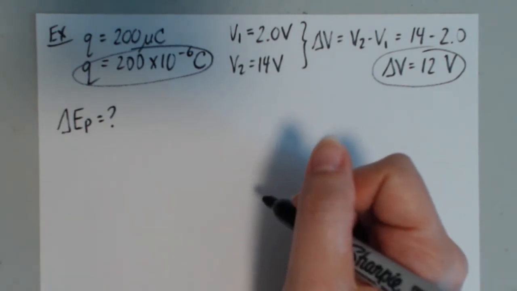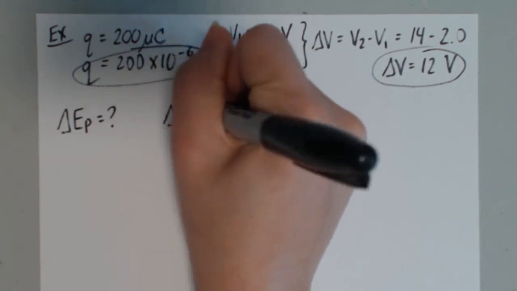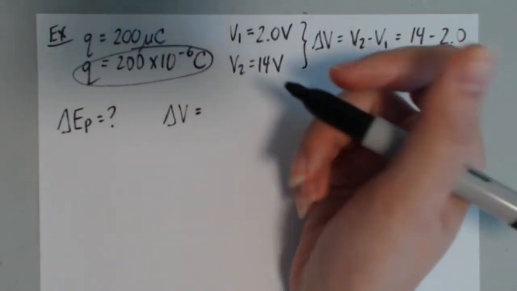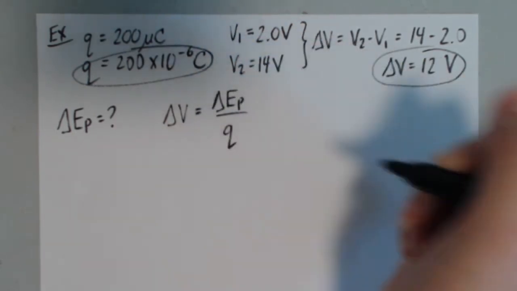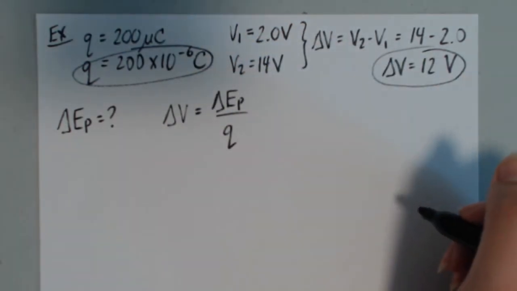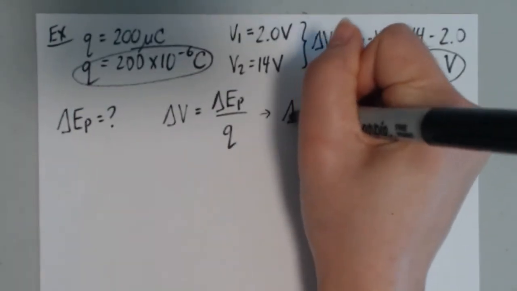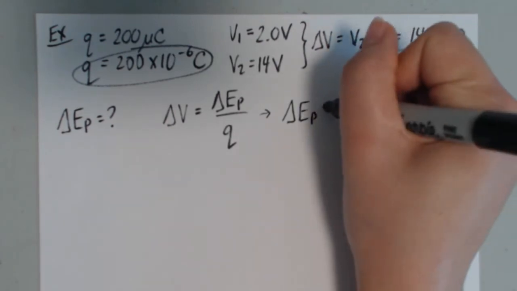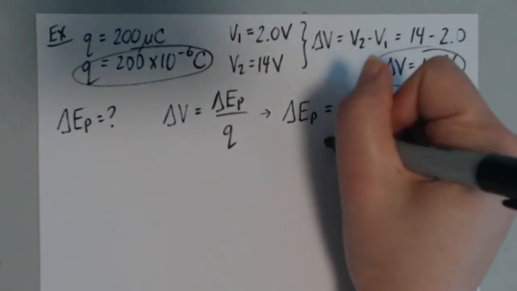All right, so based on our formula that we had, we know that the electric potential difference is equal to the electric potential energy per unit charge. So if you remember that definition, you'll remember the formula. Since we're looking for delta EP, we're going to rearrange this formula for delta EP. So the change in potential energy is equal to the charge times the potential difference.